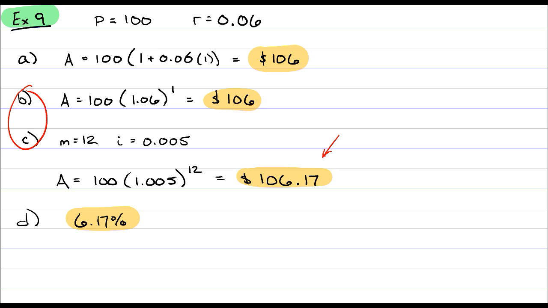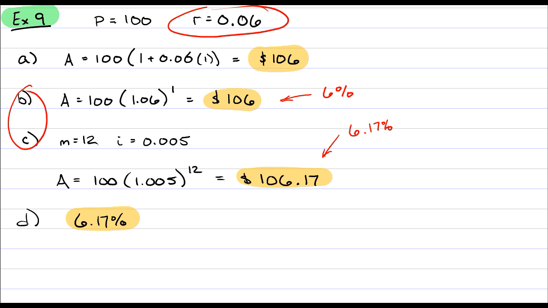In part B, you invested $100. You came back 1 year later and had $106. So, for all intents and purposes, effectively, you earned 6% over the course of the year. Now in Part C, you invested $100 at the beginning of the year. Then at the end of the year, you came back and had $106.17. So, effectively, you earned a 6.17% rate on your investment, even though the annual rate was actually 6%.